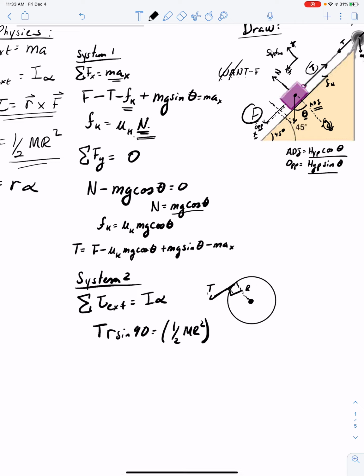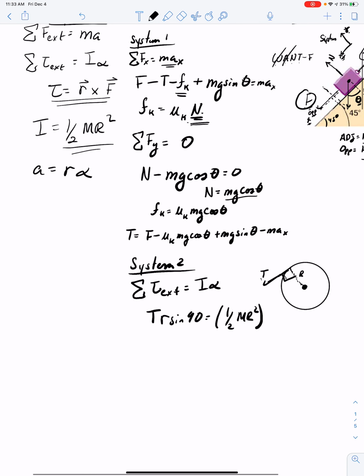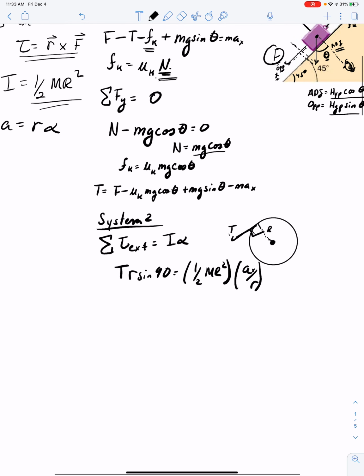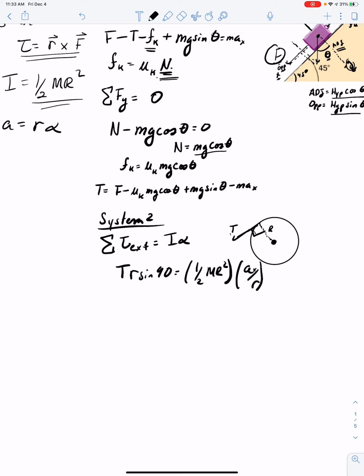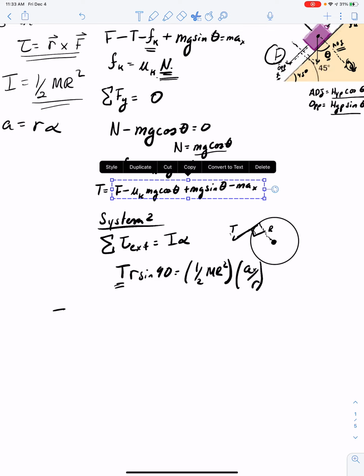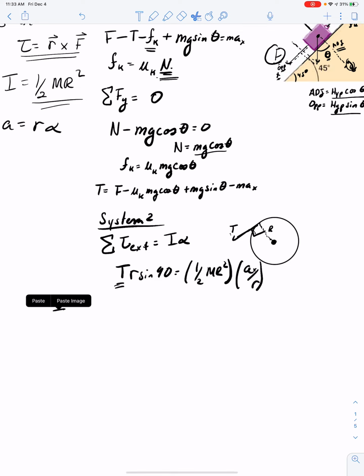And then from the link equation, we have A over R, translational acceleration over R. So now we're almost done because we have tension already. We have solved for tension already. And the tension here, I'm going to just copy paste it. There you go.